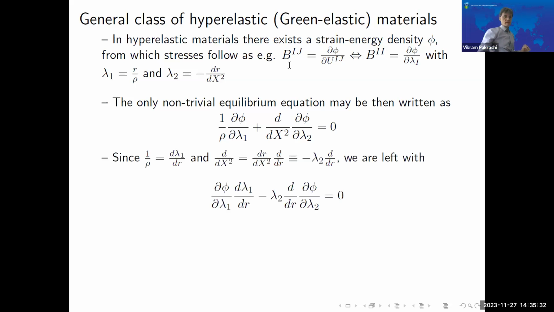Now, what is interesting here is that both of these coefficients, 1 over rho and this differential operator, can be written in terms of stretches or their derivatives. So this equation can be written in this way here.